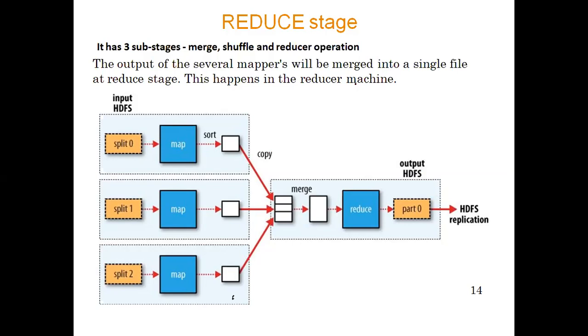For each split there will be one record reader which will read the content and give control to the mapper. The record reader always reads one line at a time and gives control to the mapper. The mapper, after processing the file, will give control back to the reducer.